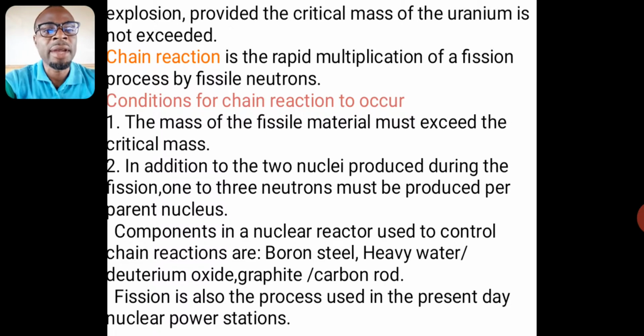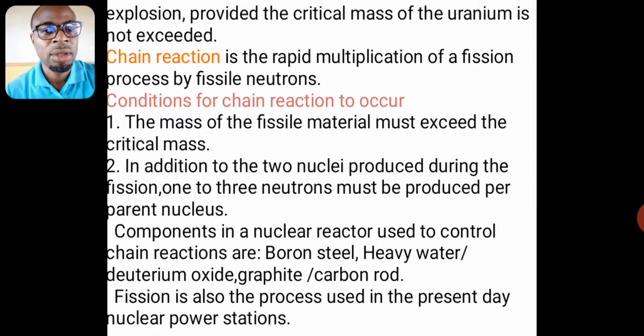The components in a nuclear reactor are used to control chain reaction, because if it is not controlled, there will be steady multiplication of this process. So we have some components in a reactor, which is the instrument for producing this chain reaction, and we have some components to control this multiplication.